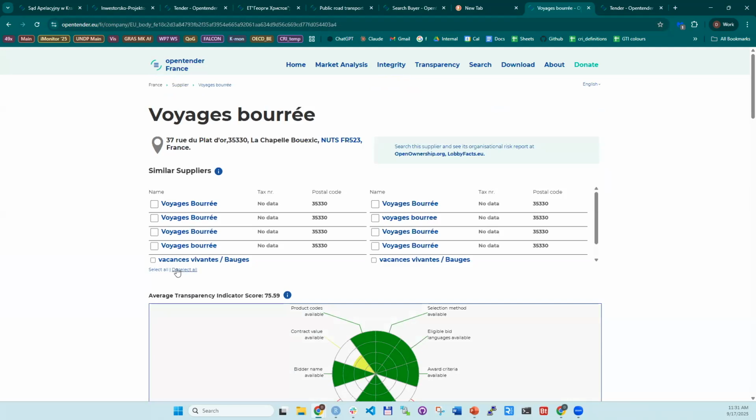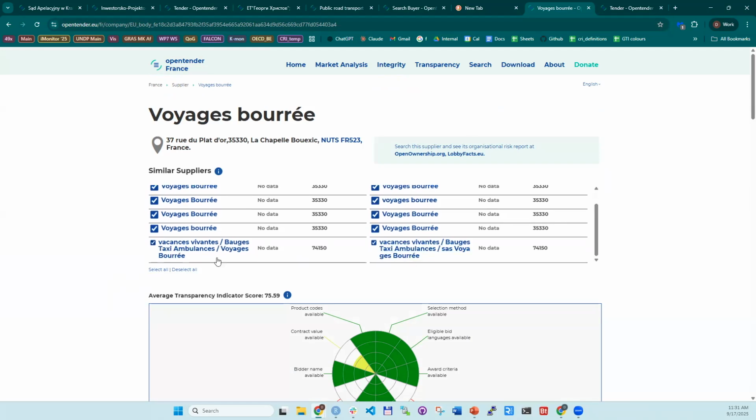So here I'm interested in this specific company. I of course go through the same, like selecting all the different company names that are registered but are basically meaning the same company. I check that okay, I think these are quite related to the company, so I will keep them, but you can always deselect them if that's more to your liking.